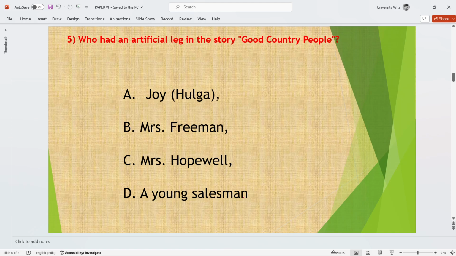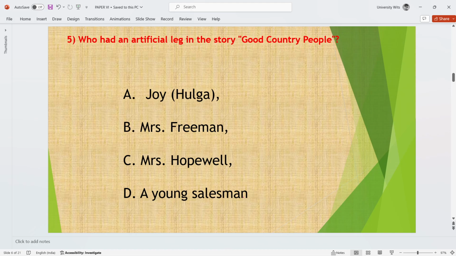Deception from whom? A young salesman, right? And Hulga's artificial leg serves as a significant symbol also. Remember? Artificial leg, Hulga. And the remaining options are characters also.